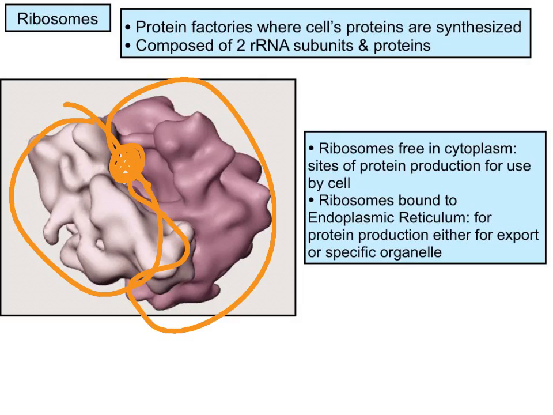So if the cell is going to use the protein, then generally it's made on ribosomes that are floating around in the cytoplasm. Or ribosomes can be bound to our endoplasmic reticulum, and these tend to be sites of protein production for either export or for a specific organelle within the cell.